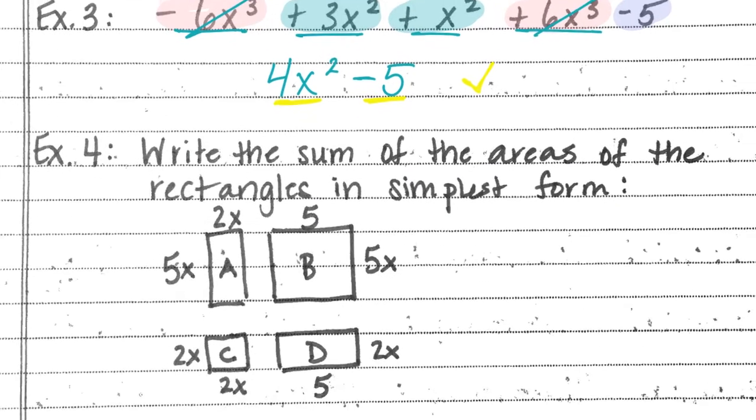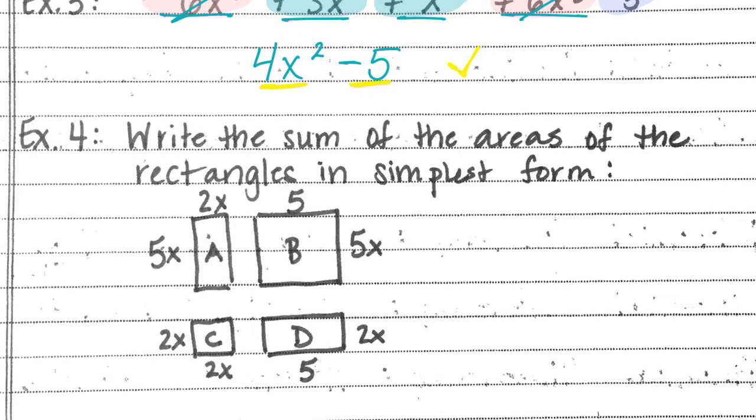All right, moving on. This one's getting a little bit more confusing. Write the sum of the areas of the rectangles in simplest form. Well, the first thing I have to understand is how do I find area? I know the area of this yellow A is going to be base times height, or length times width. When I multiply these, I get 10, and I have 1 and 2 x's, so that's going to be x squared.